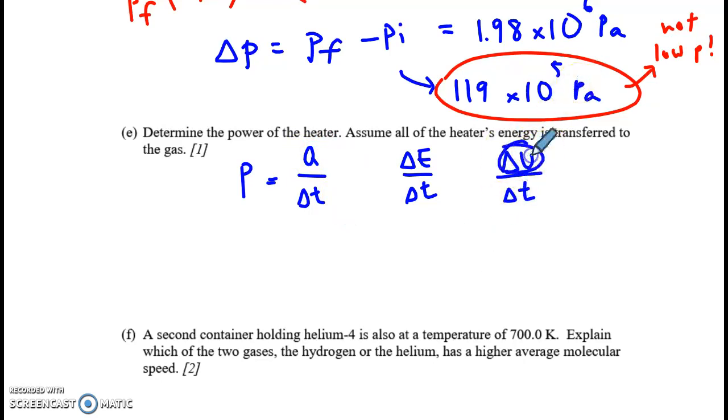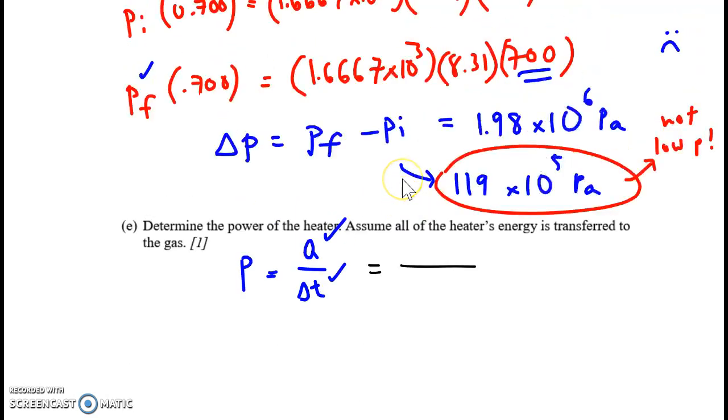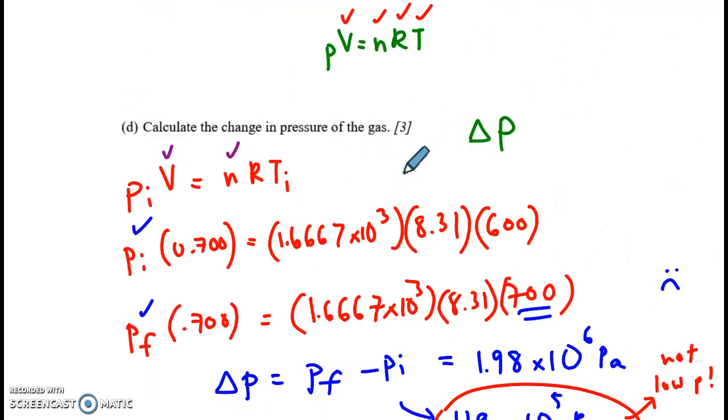That is how much heat, Q, you add. So which one makes sense for us? Well, we are given the time, if you look back, and we know Q, which is also equal to delta U. So we can easily calculate power. We simply plug in the time that we were given from before.